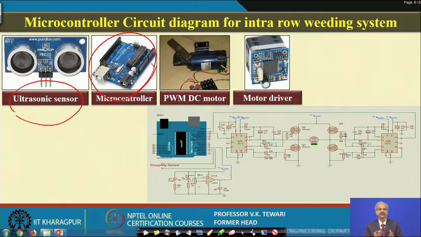It will process the information, because we have put certain information which will be required only for those weeds, and the features of those weeds will be taken care of in this processing. Then the pulse width modulated DC motor, because this way the motor will start giving the action which is required for us.